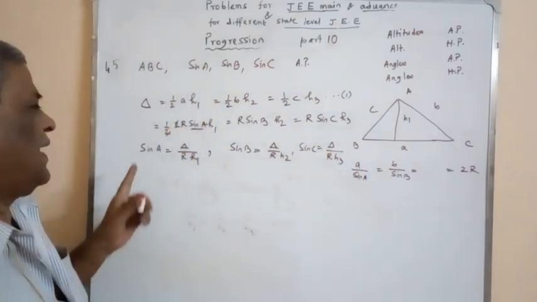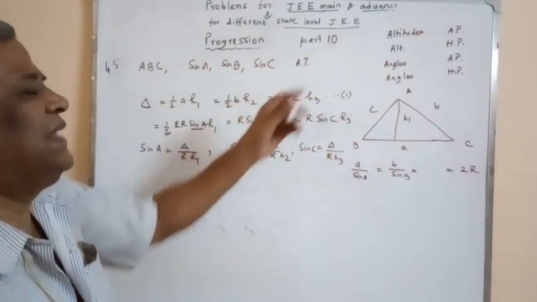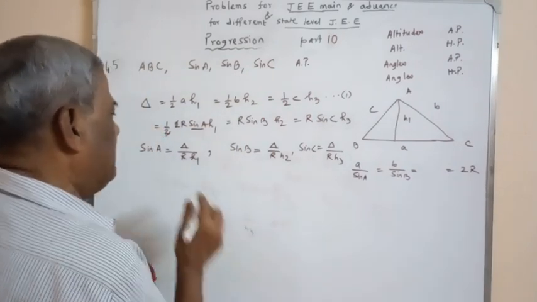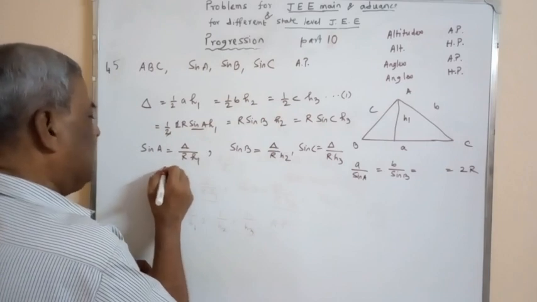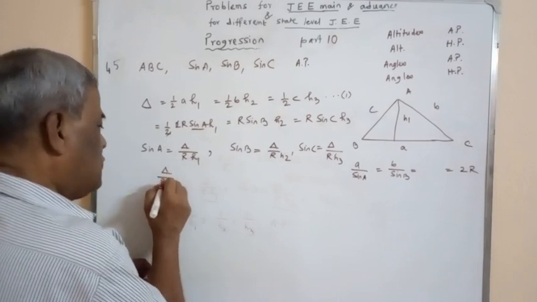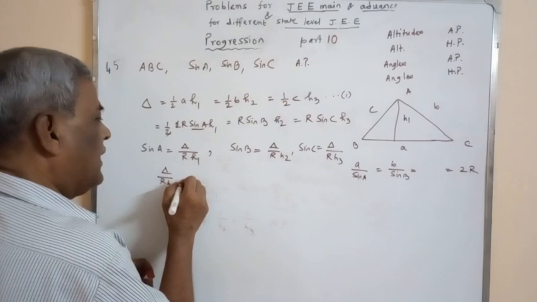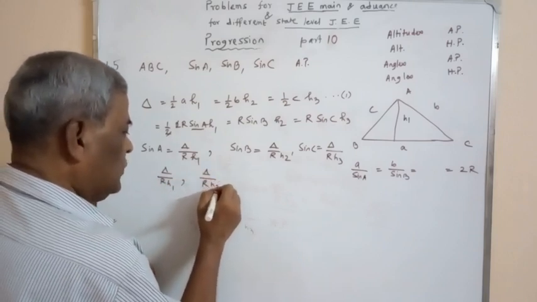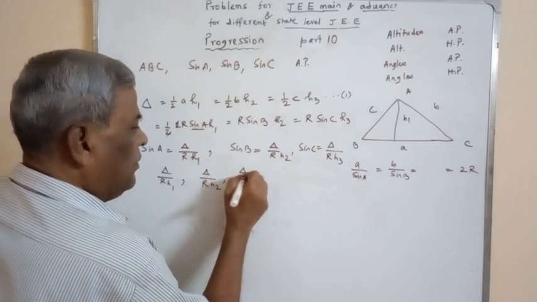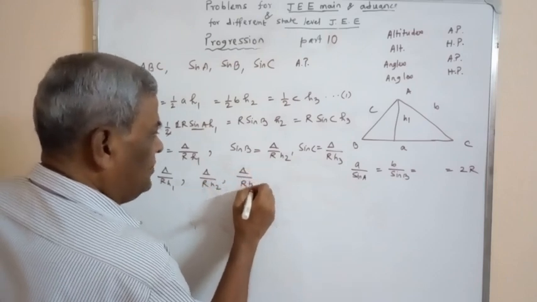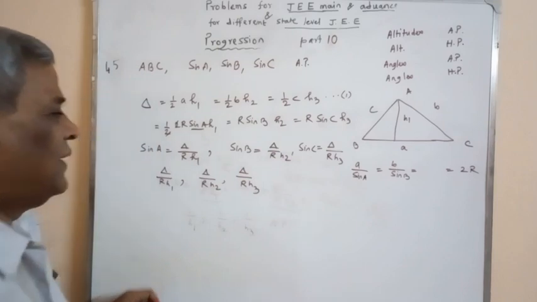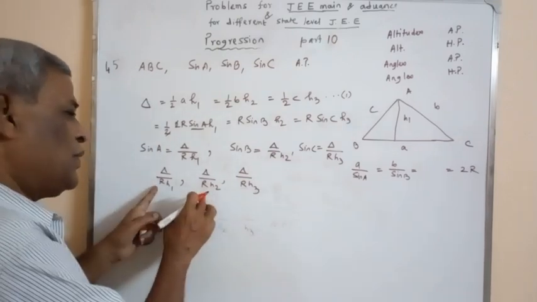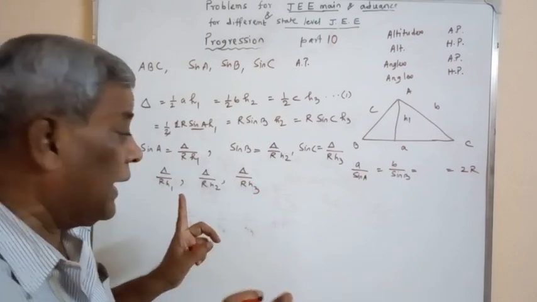Now you see, as sin A, sin B, sin C are in AP, therefore delta by RH1, delta by RH2, delta by RH3 are in AP.